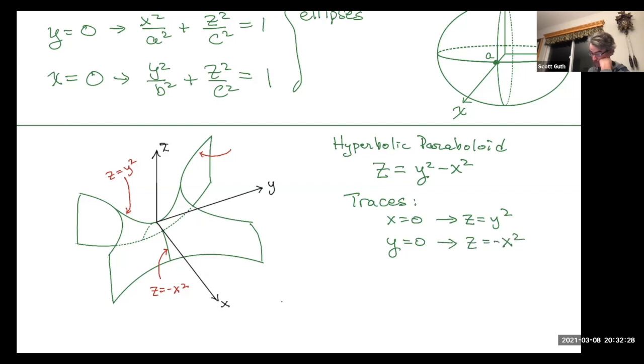Like that. If you do z equals 1, then you get y squared minus x squared equals 1. That's a hyperbola.